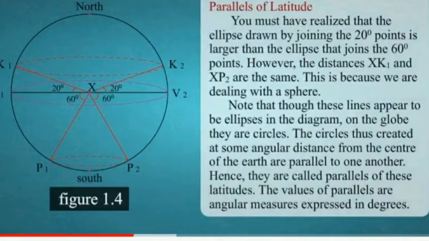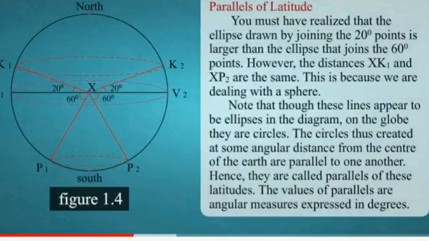Note that though these lines appear to be ellipses in the diagram, on the globe they are circles. The circles thus created at some angular distance from the center of the earth are parallel to one another. Hence, they are called the parallels of latitude.